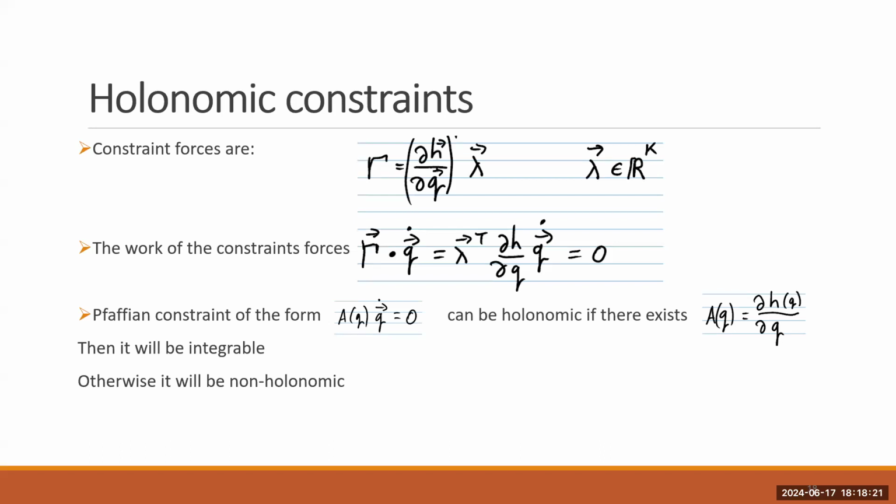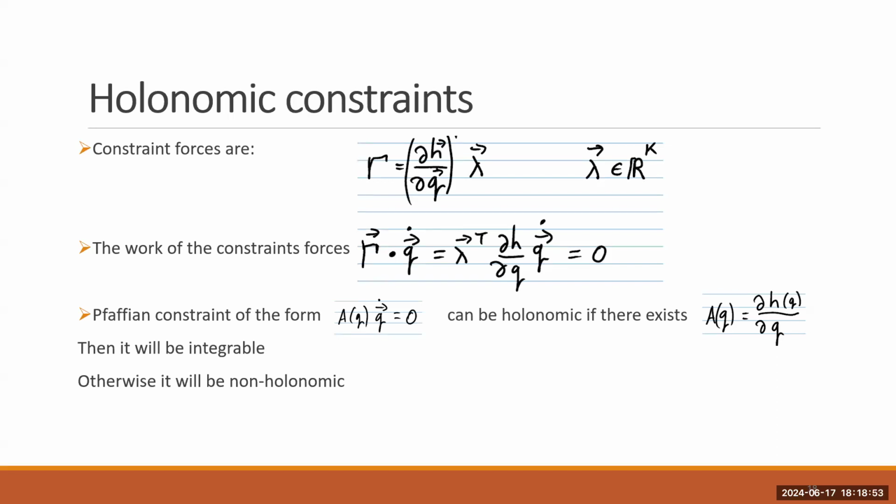And therefore we can write this as lambda gamma dot q. If we take two vectors with the dot product, A and B, say, we can write them as A transpose times B. So gamma dot q dot is simply lambda transpose times q dot.